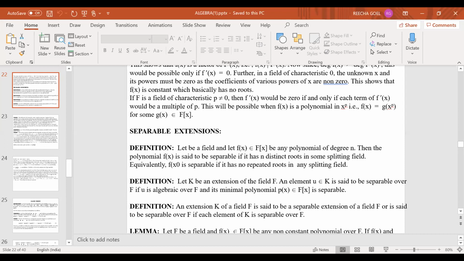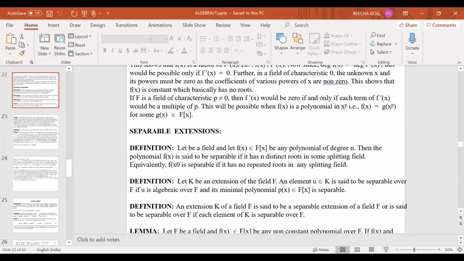And then we have proved results that an element u in K is algebraic over F, provided if I adjoin u to F, it is of finite dimension or finite degree. That is, F(u) over F is finite.